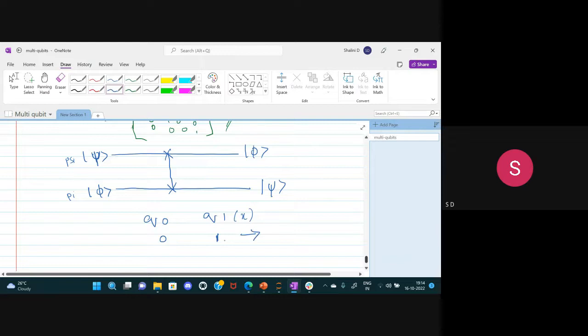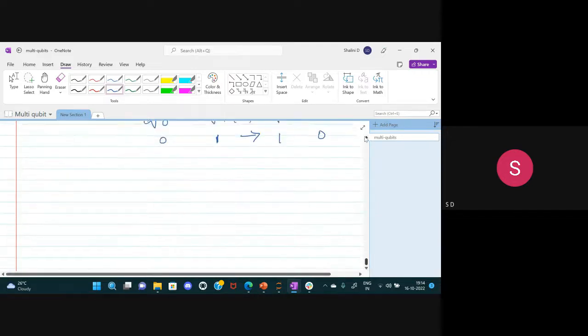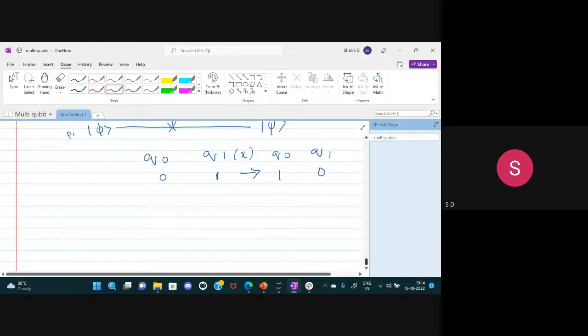After applying the swap gate, we will get 1 0, because we are flipping the qubit by applying the Pauli X gate. In Little Endian, it will be again 0 1, because it's Q1 and Q0.